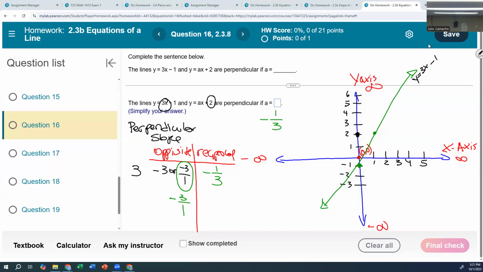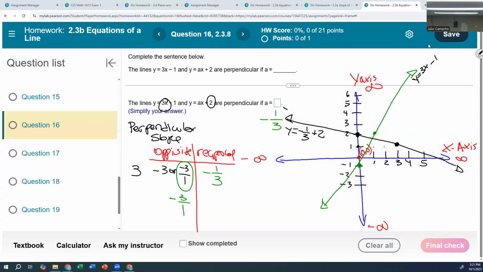So I need to go down 1 and 3 to the right. So 1 will be there, and then count 1, 2, and 3. That is my other point. And that is the line of the second equation, y is equal to negative 1/3 x plus 2.